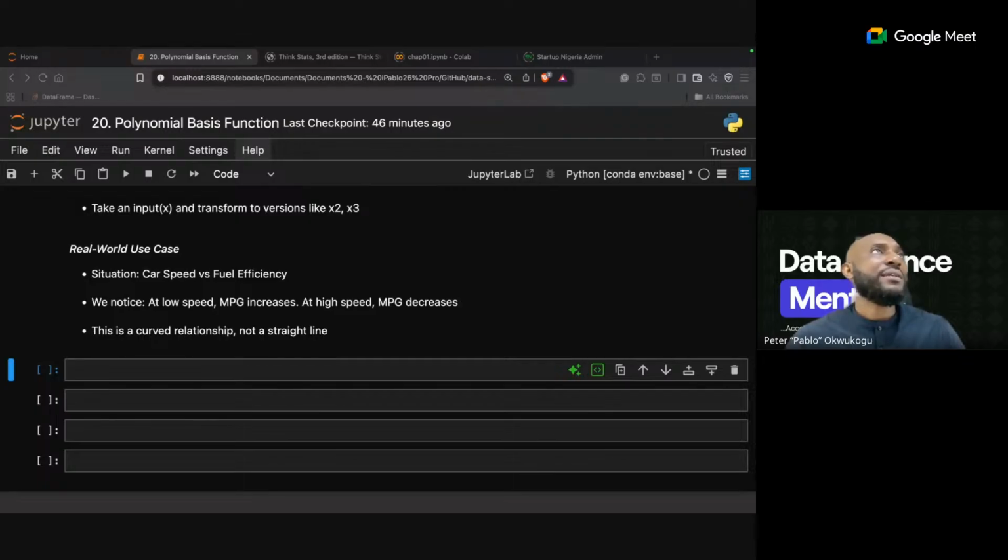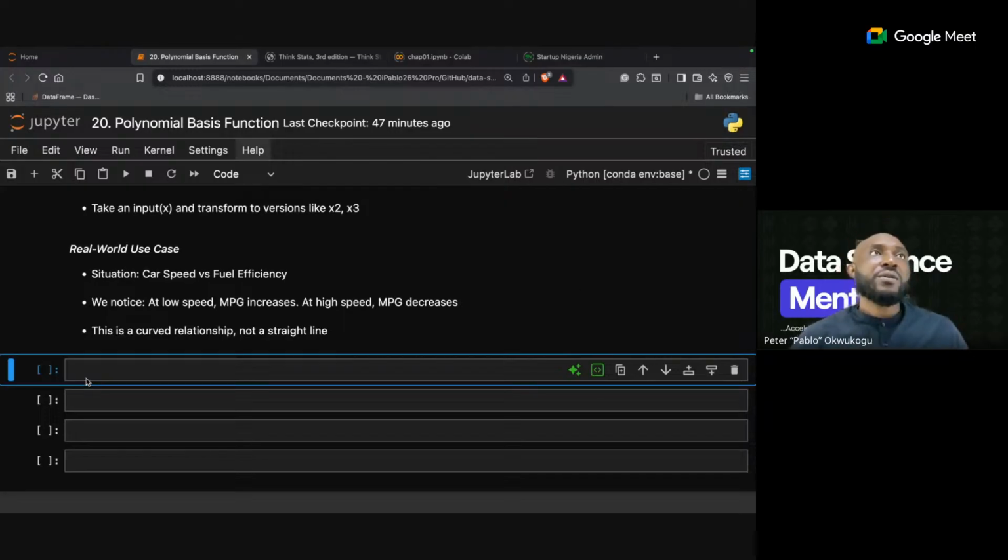I would like to build a simple straight line just to show you what it means, and then generate non-linear data and try to fit a straight line to it, just for you to see what it's like.